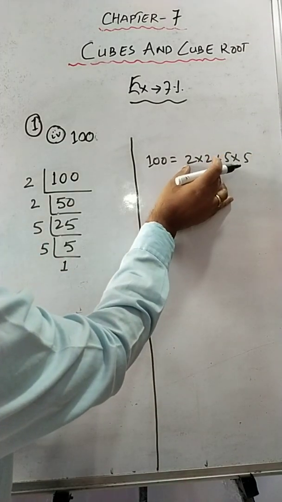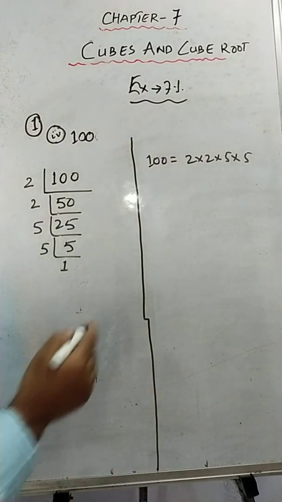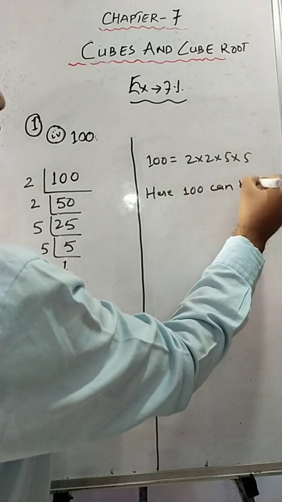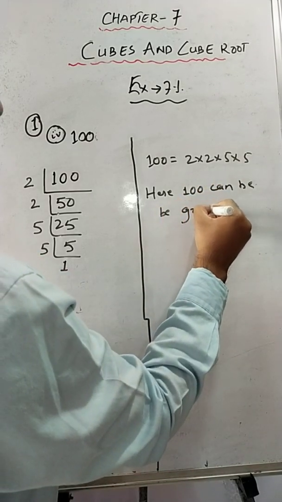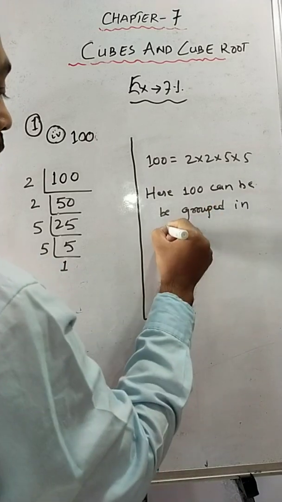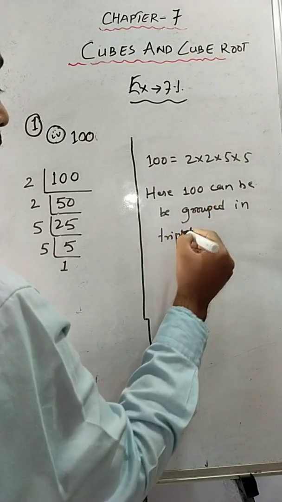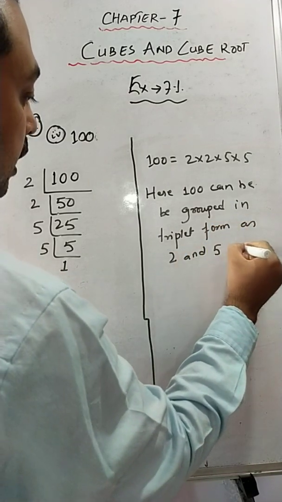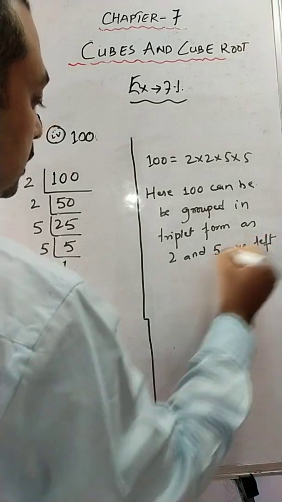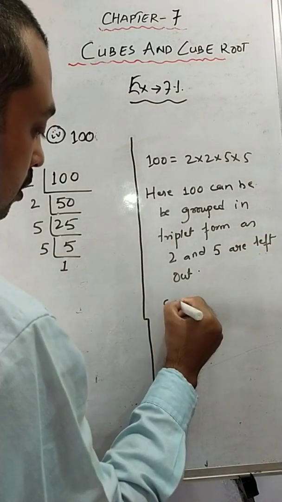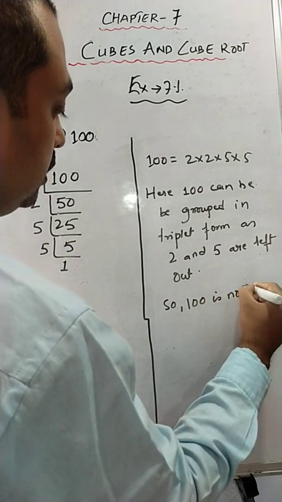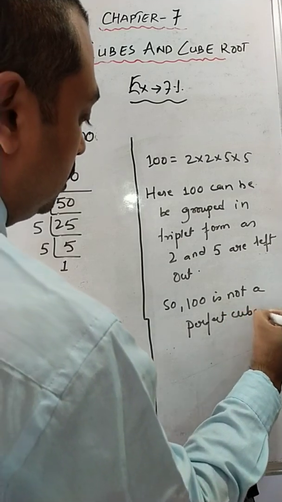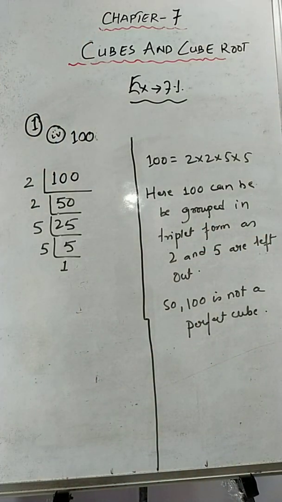Neither 2 nor 5 is in triplet form. So 100 cannot be grouped in triplet form, as 2 and 5 are left out. So 100 is not a perfect cube.